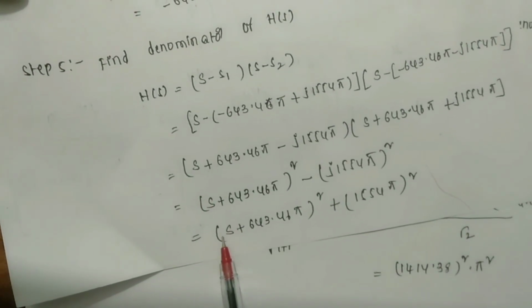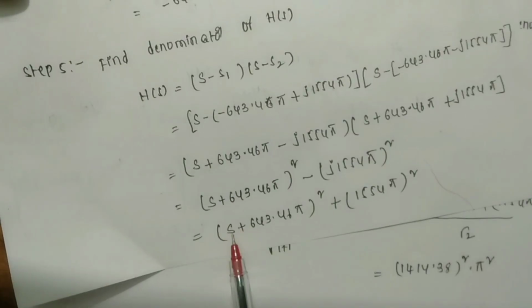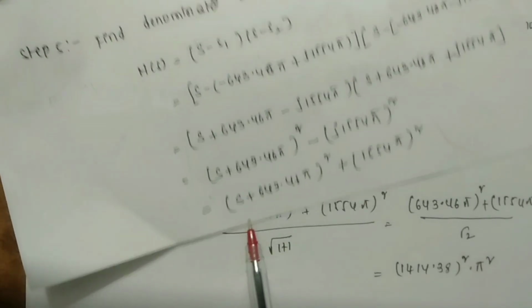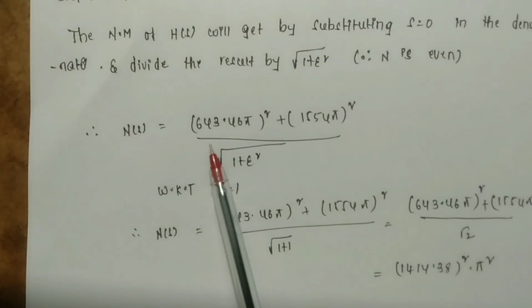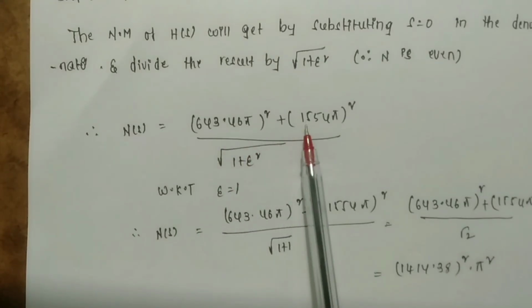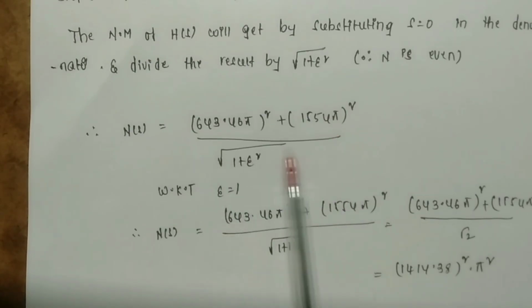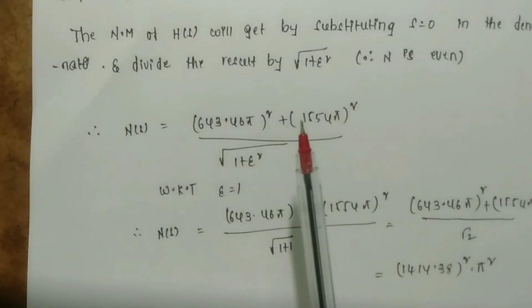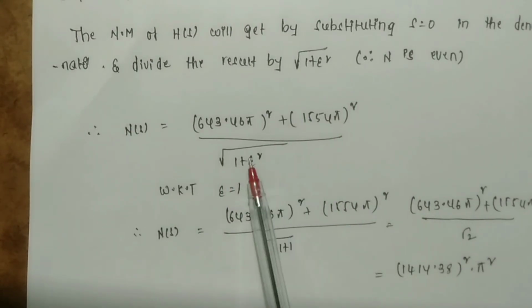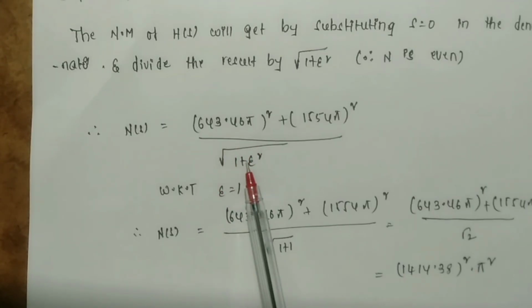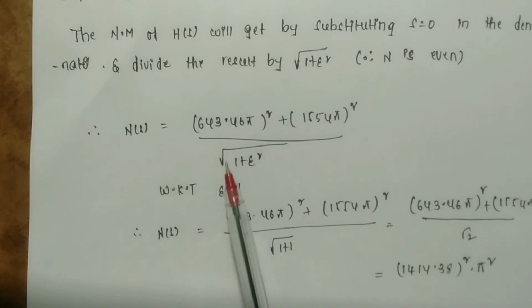In place of this s we are substituting s is equal to 0, and you get 643.46 pi whole square plus 1554 pi whole square divided by 1 plus epsilon square. Remember, you divide this result by 1 plus epsilon square only when n is even, otherwise we won't divide it.